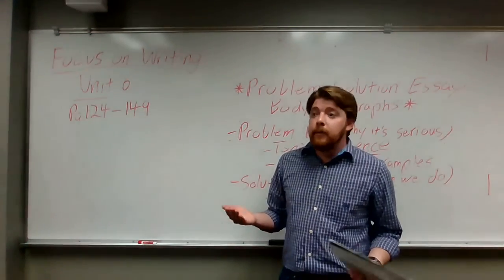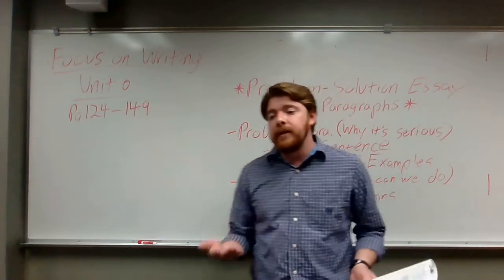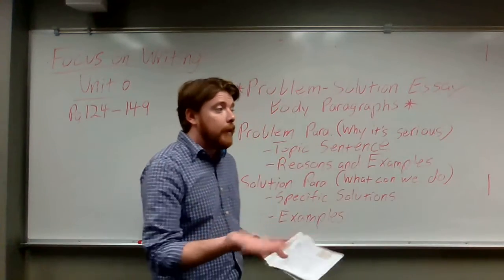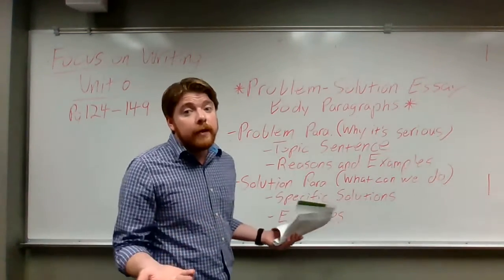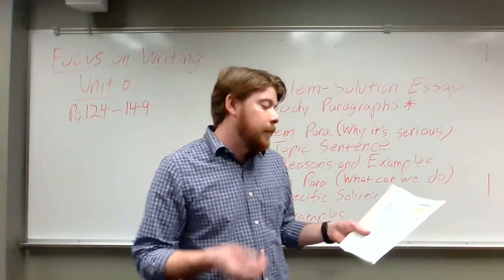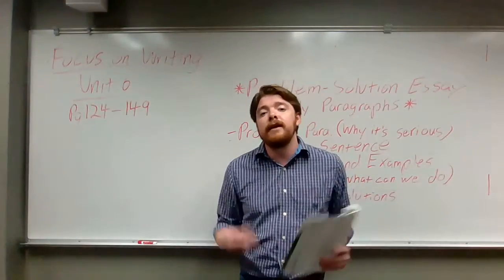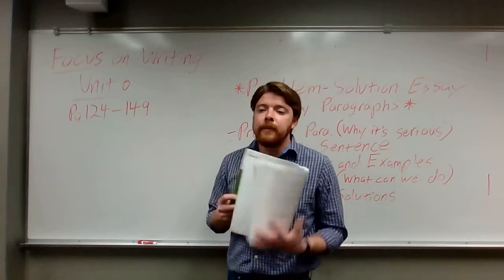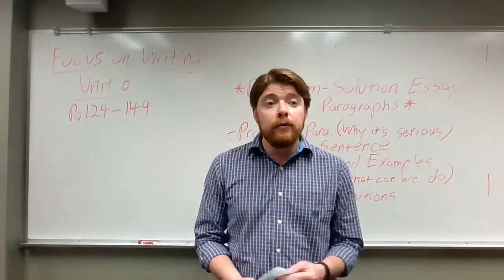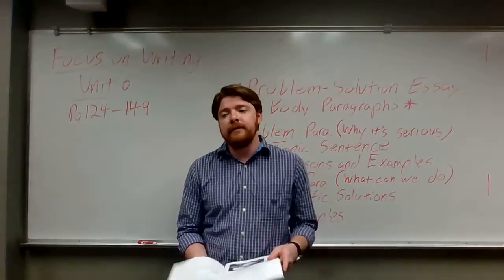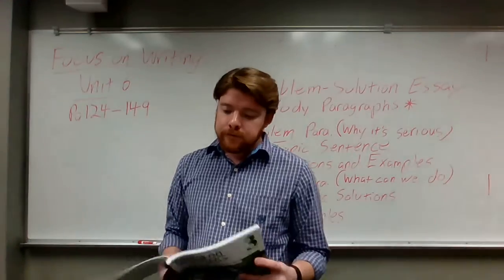And just like in a thesis statement, our topic sentence wants to preview what the paragraph is going to be talking about. So we know that this paragraph will be discussing practical solutions and creative solutions. That's what you want your topic sentence to do: just give a preview of what the paragraph is going to be about.